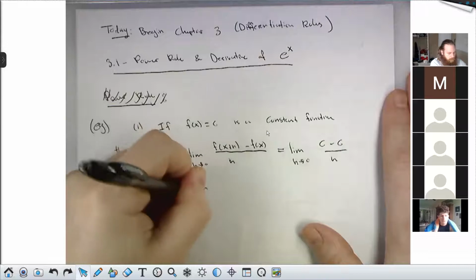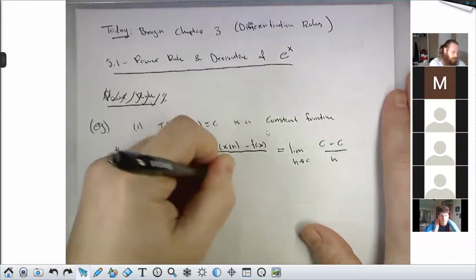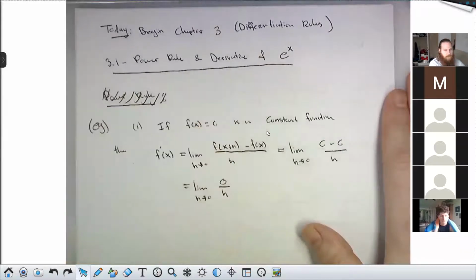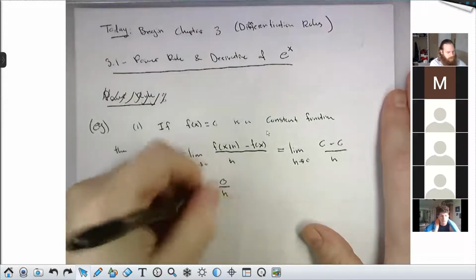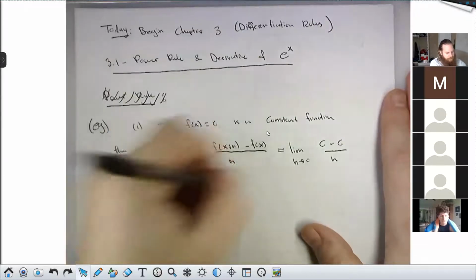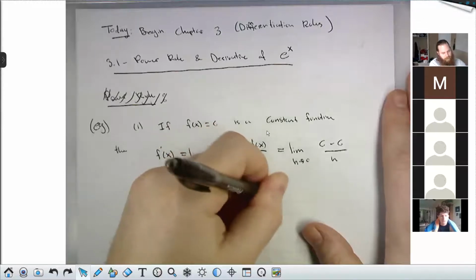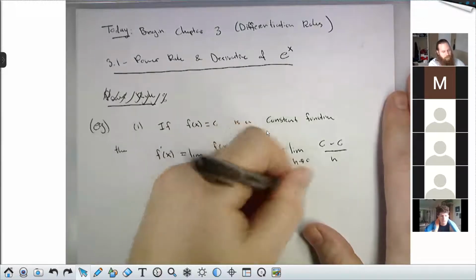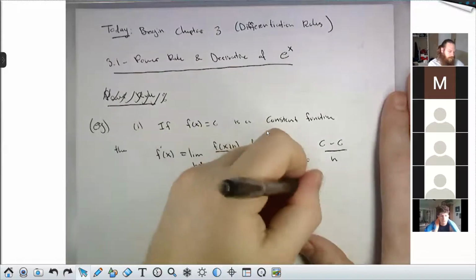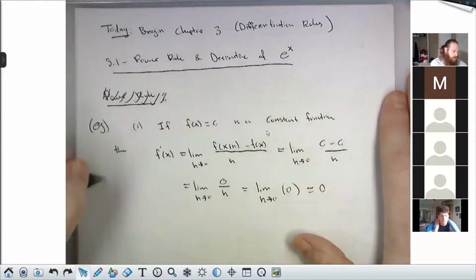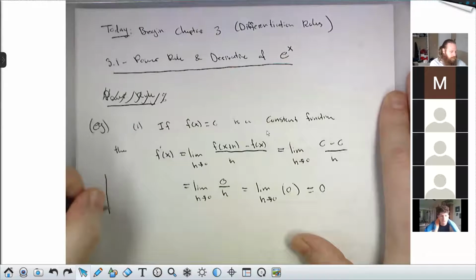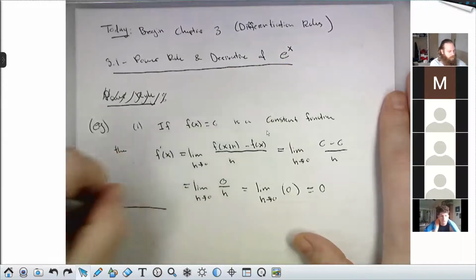This is the limit as h goes to 0 of 0 over h. And since this is always 0, you get the limit as h goes to 0 of the constant function 0, which is 0. Another way to think of this is that the graph of a constant function is a horizontal line.